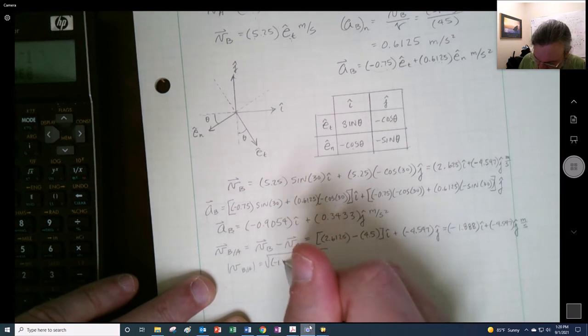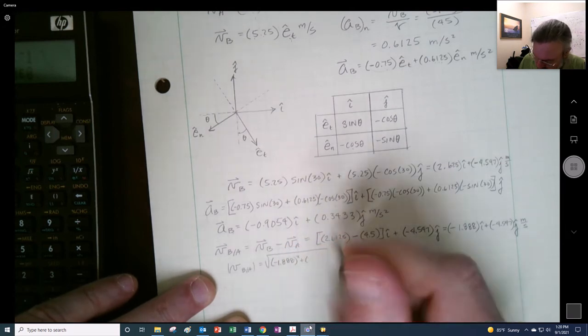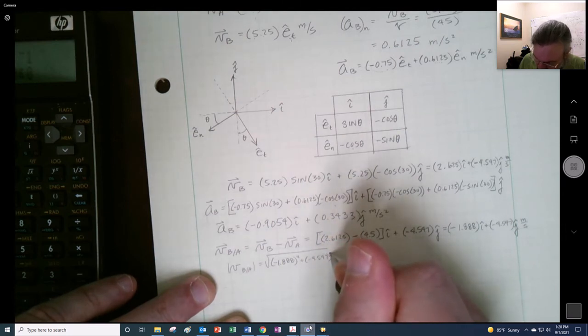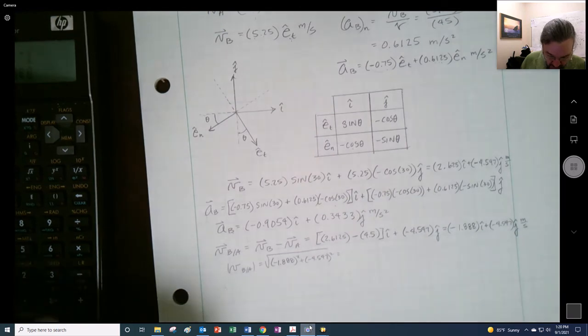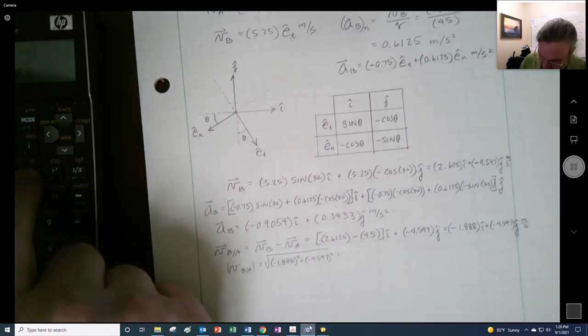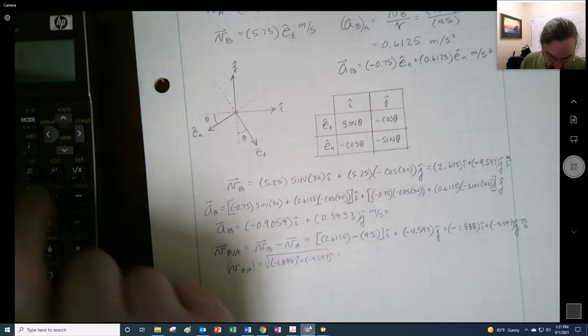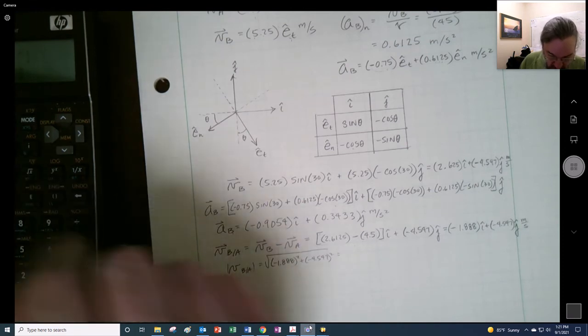That's what I meant. You know what I meant, right? Squared plus my 4.547 squared. So let's see, that's already in my calculator. I can square that, 4.547 squared plus, square root.